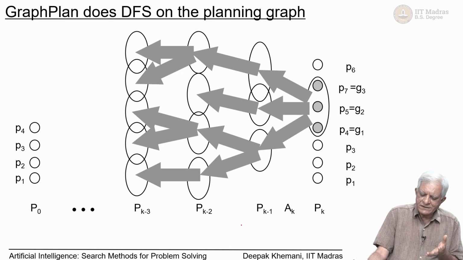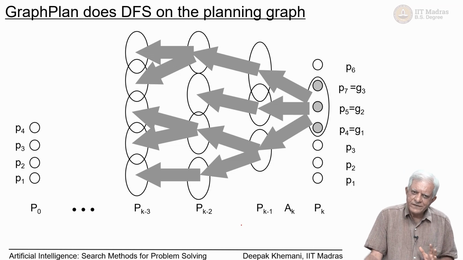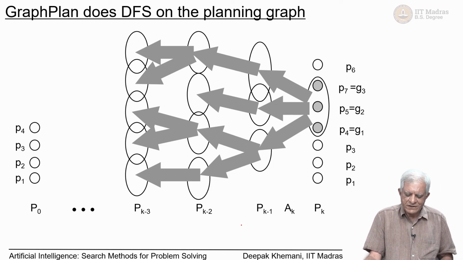Instead of depth first search, maybe you can do constraint satisfaction, or even pose it as a SAT problem. So, various lines of research came forward, but we will leave planning at this stage and move on to our next topic, which is going to be and-or trees, or and-or graphs.